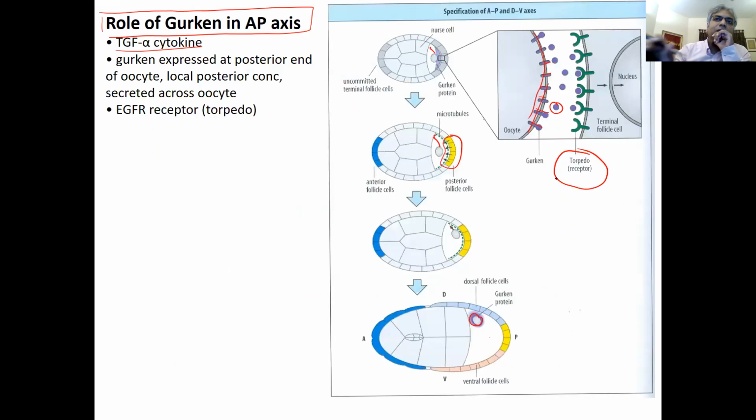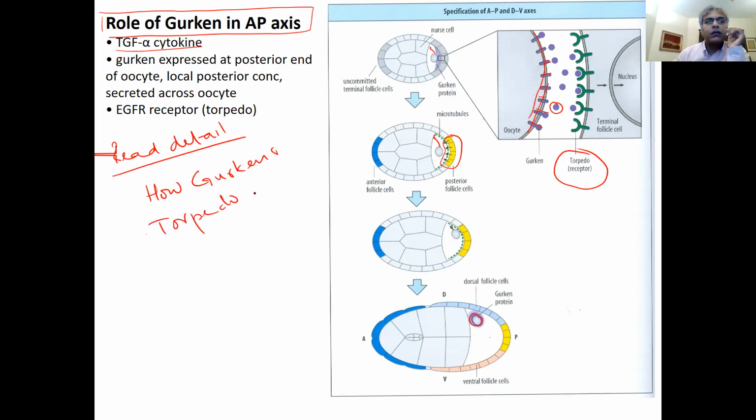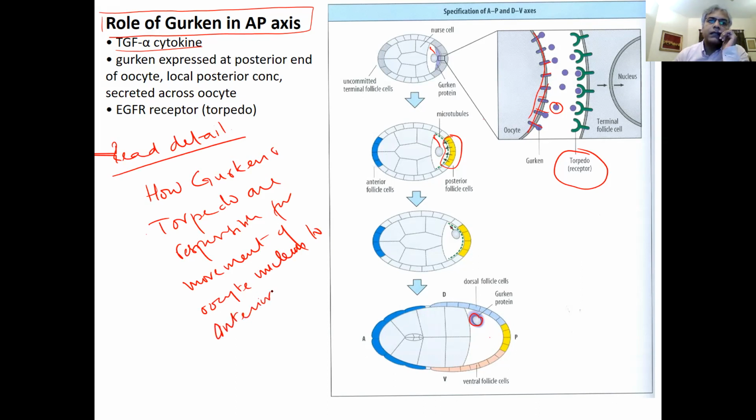What I want you to go back and read in detail is how Gurken and Torpedo are responsible for movement of the oocyte nucleus to the anterior end of the oocyte.